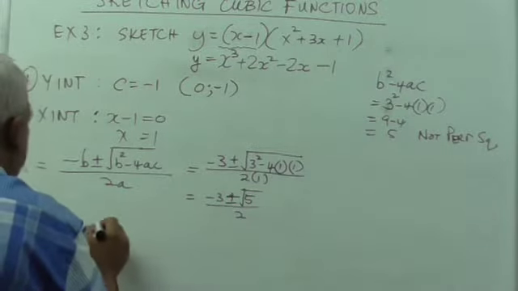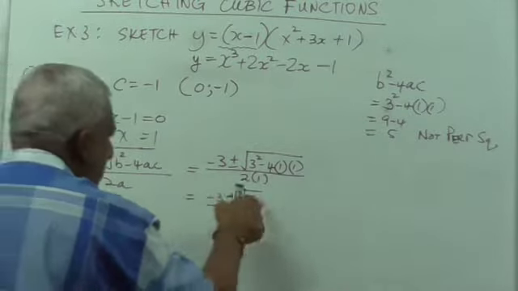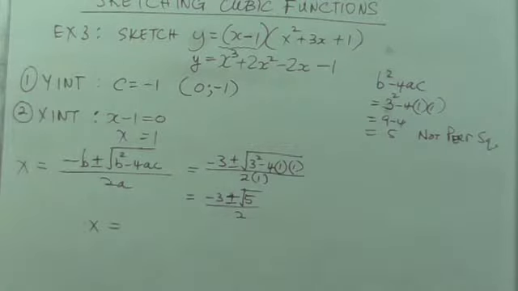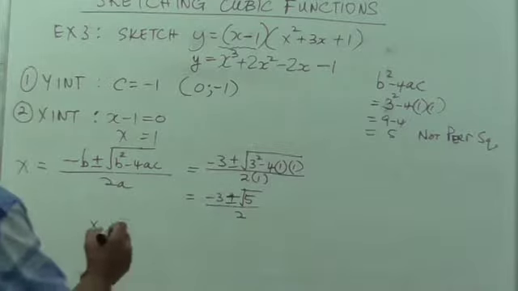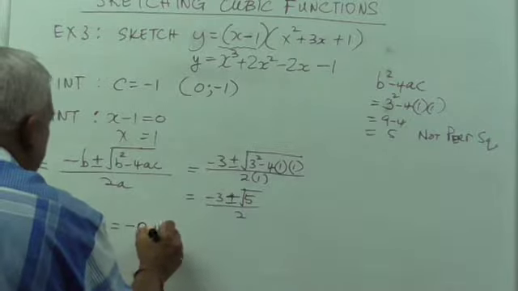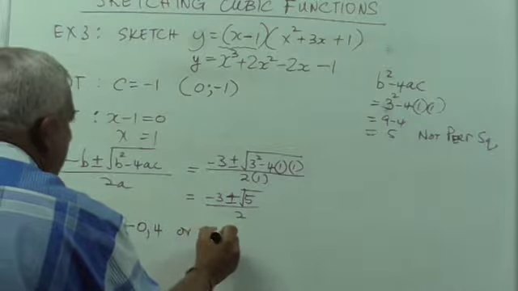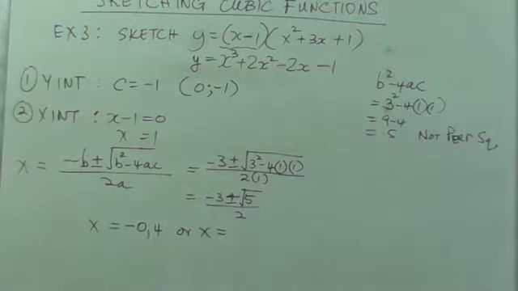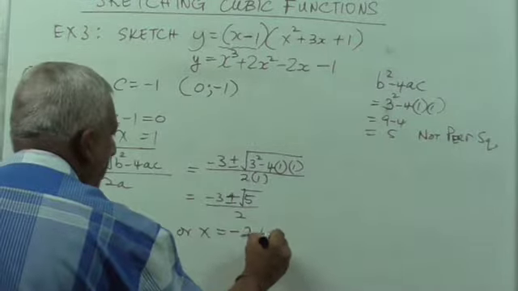And from here, when you put this in the calculator, you will get x is equal to minus 0,4, or x is equal to minus 2,6.